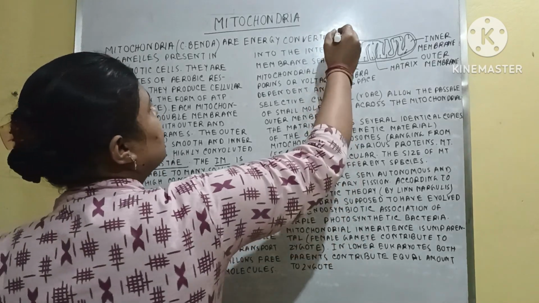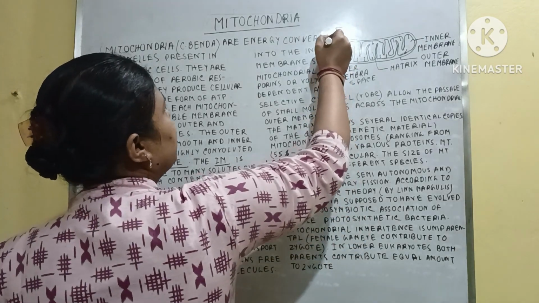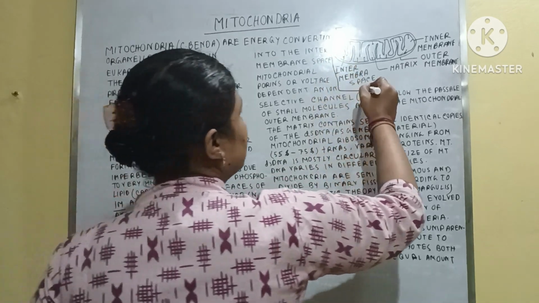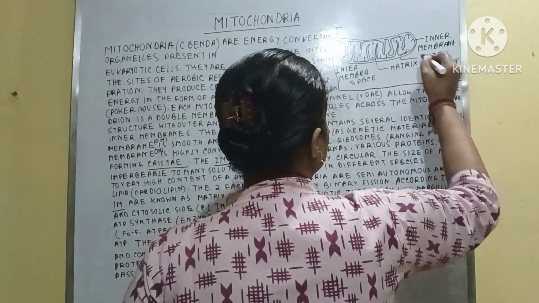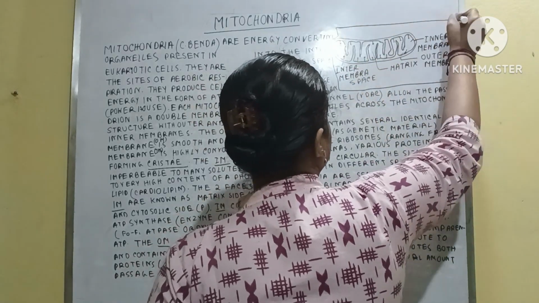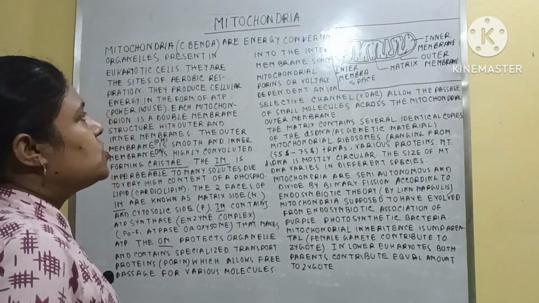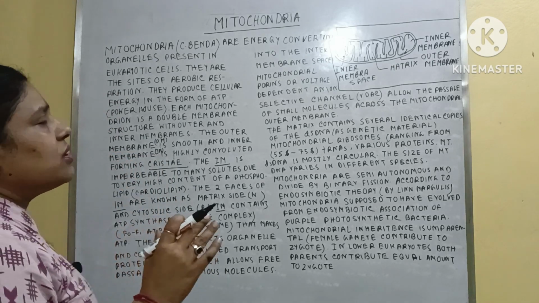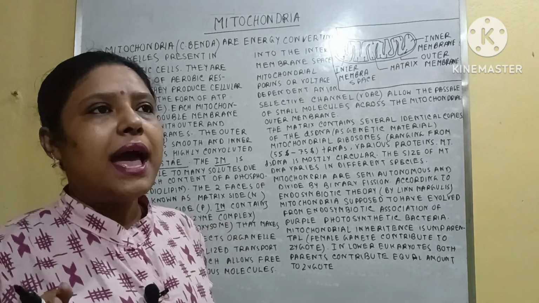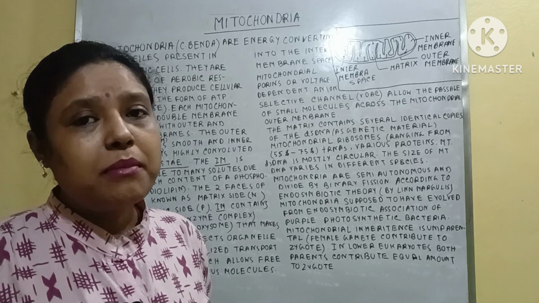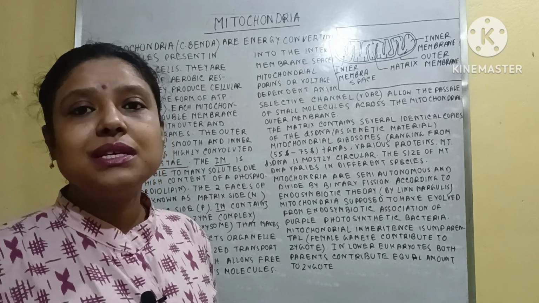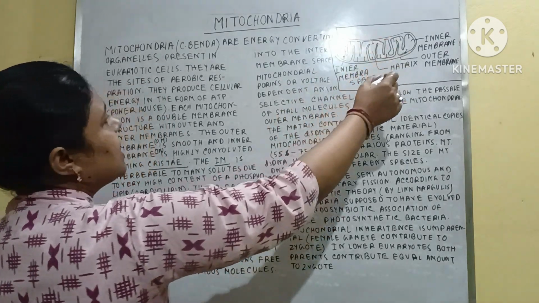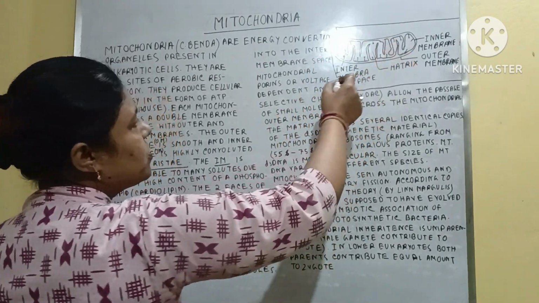Here is a very brief and rough structure of mitochondria. Mitochondria is the plural name, and mitochondrion is the singular name. You can see the rough structure of the mitochondria.